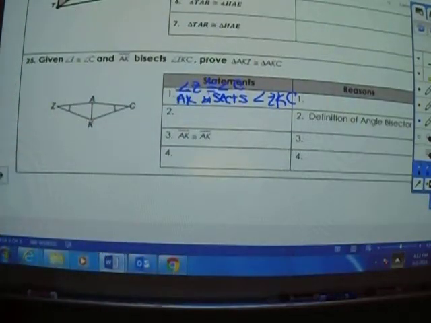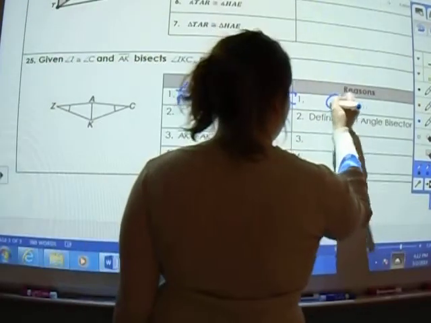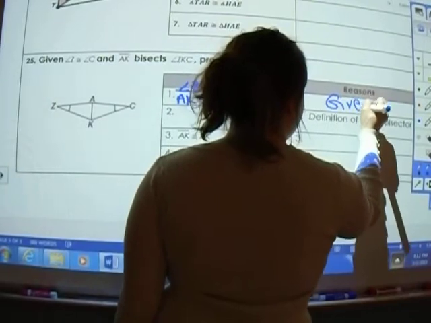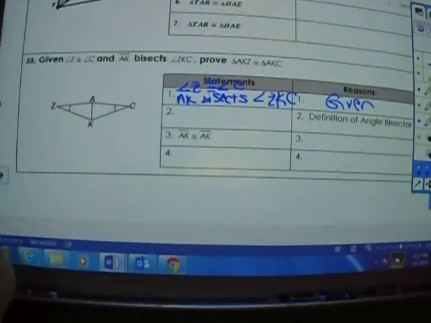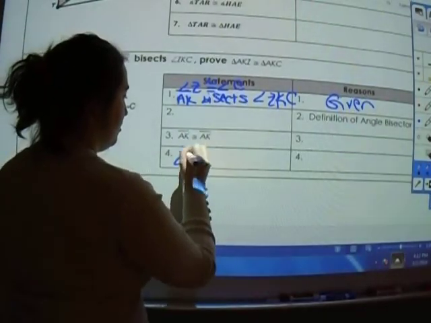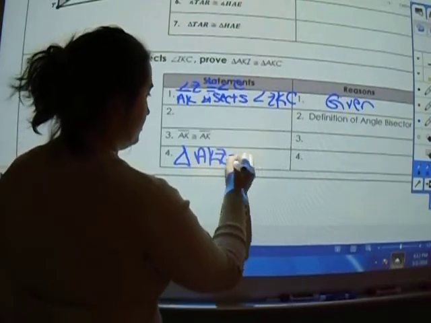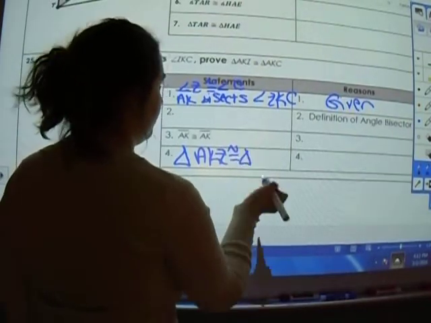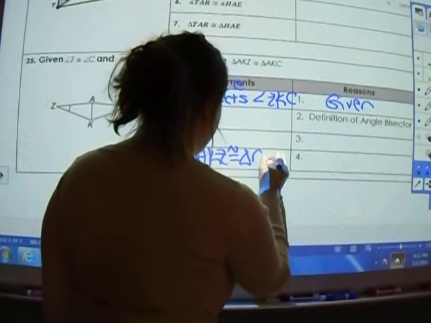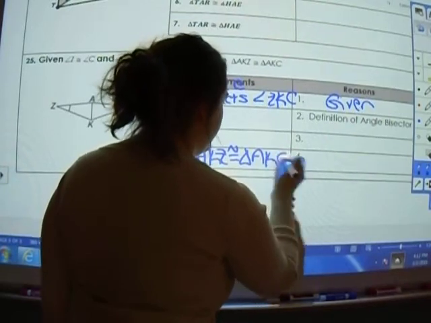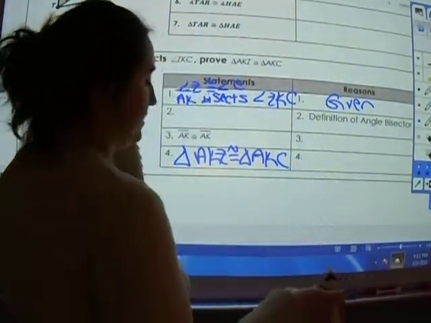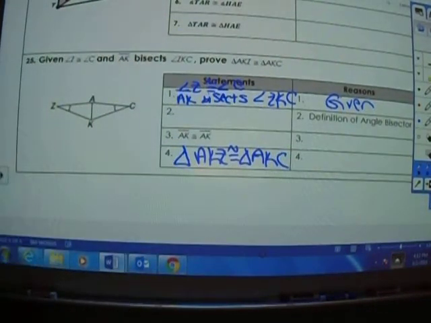All right, that's our given. We're also trying to prove that triangle AKZ is congruent to triangle AKC. Remember? So always put that in last, because that just gives you an extra point or two.